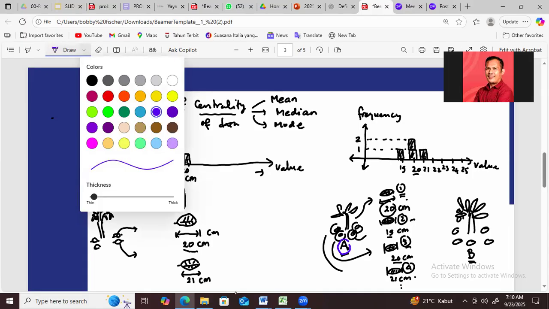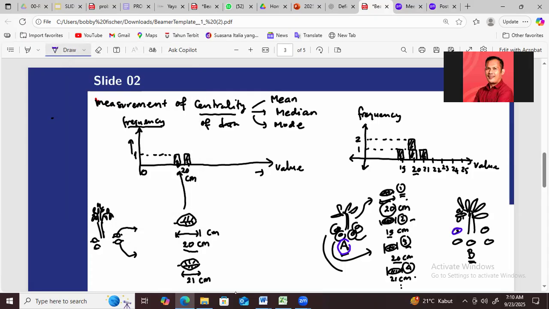And then the second data, this B, let's make it blue here. This is the first leaf, second leaf, third leaf, fourth leaf, and the fifth leaf. So say that this is the first one here. The first one is bigger, okay, because this tree is bigger than this one, and the leaf is also bigger. So say that this is 25 centimeter.